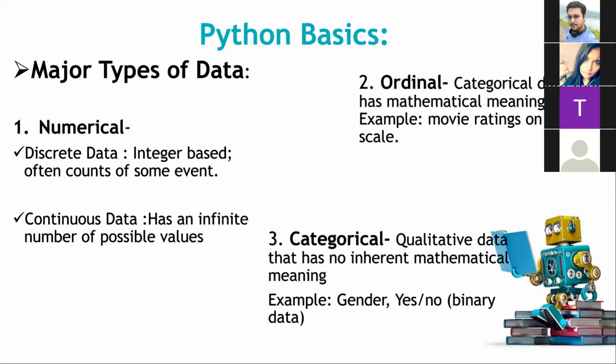It is therefore nearly the same as nominal except in its ordering matter. Some examples of ordinal would be movie ratings on a scale of 1 to 5, and categorical would be the gender of a person or yes or no answers for any data.